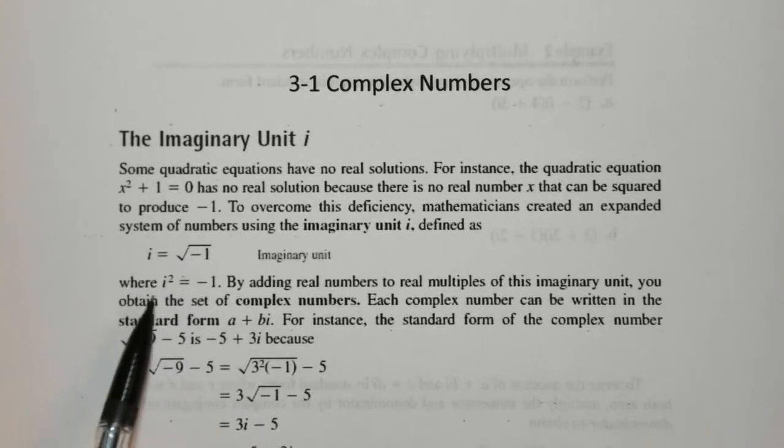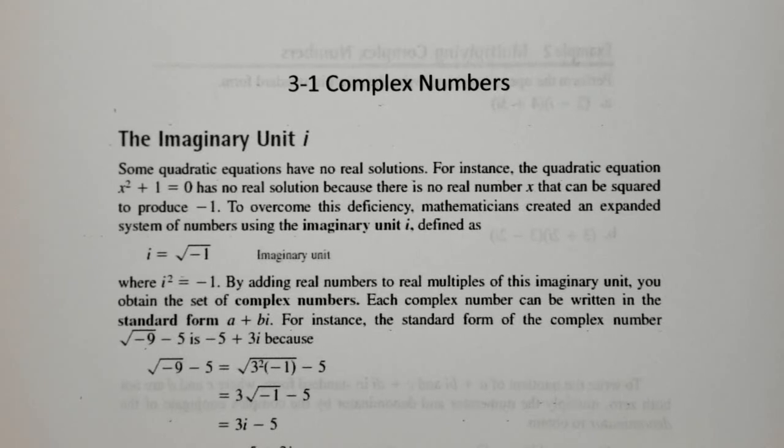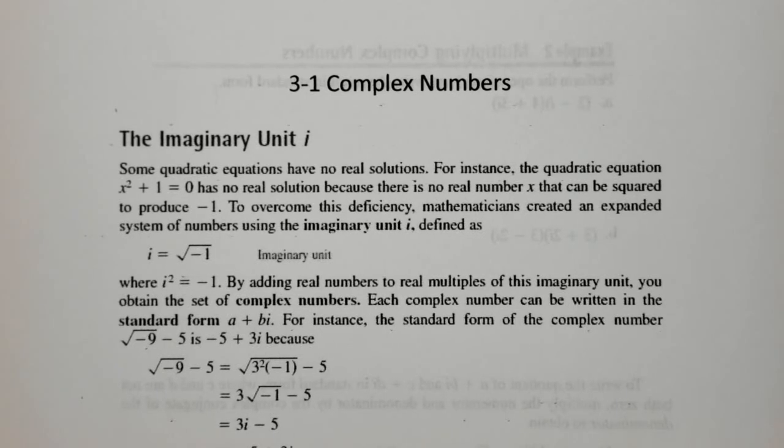And then, of course, that would make i squared equal to -1. All right, and so by combining real numbers with this imaginary number, you get a system of complex numbers, right? And the standard form for complex numbers would be a + bi, right? And so here's an example.